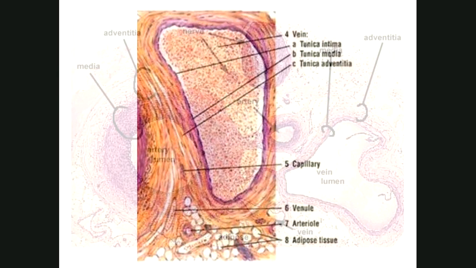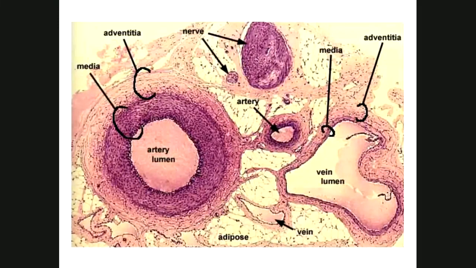Any questions? So can everybody find the three layers? Now, externa is sometimes called adventitia, but that's an old name and it's kind of going away. But you still need to learn it. But there's the tunica media.